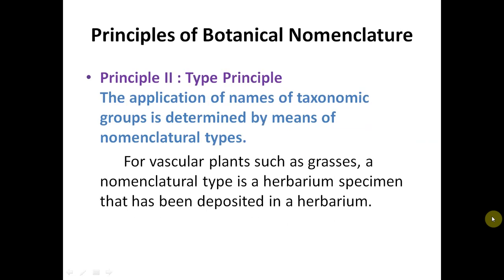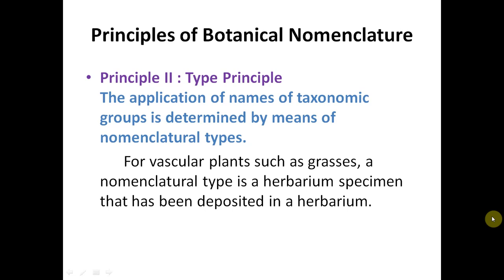Now, the second principle is that the application of names of taxonomic groups is determined by means of nomenclature types. So it can also simply be called the type principle. So there are different types for each identified plant. So the name is always determined by means of the nomenclature type.